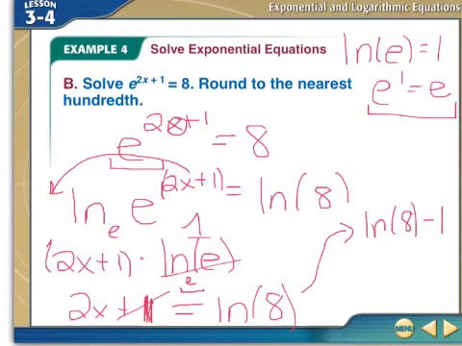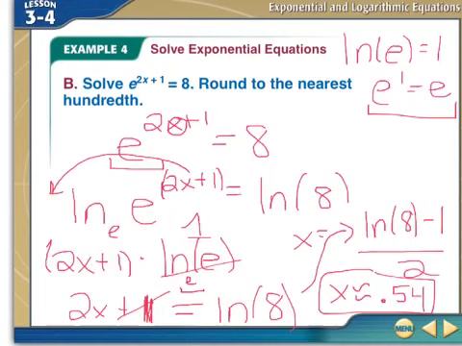I would subtract 1 from both sides. And then to get x by itself, I would divide by 2. So x is equal to natural log of 8 minus 1, divided by 2, which gives me an x value of approximately 0.54 if I round to the nearest hundredth.